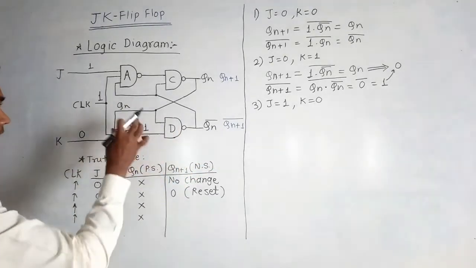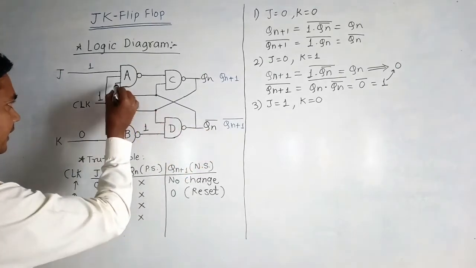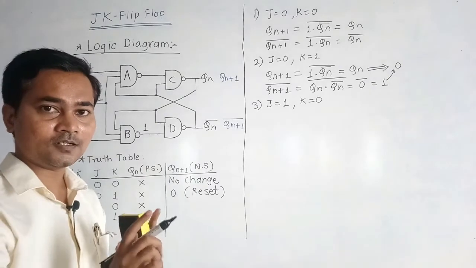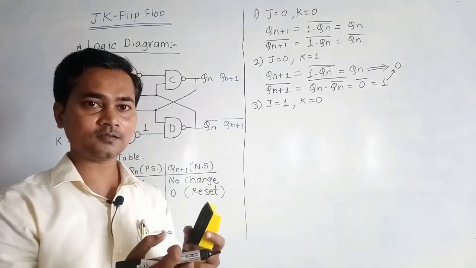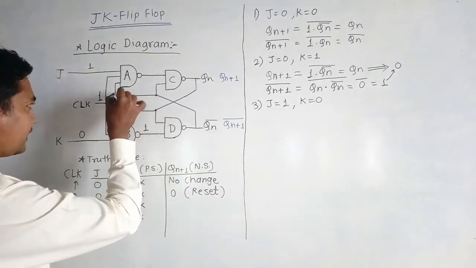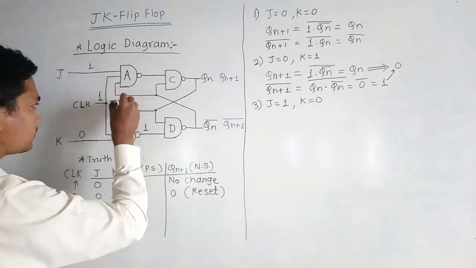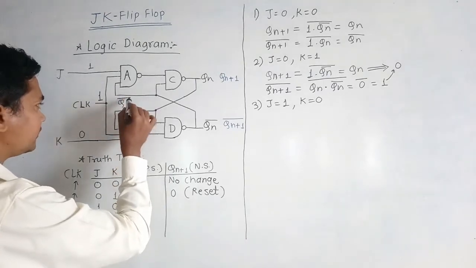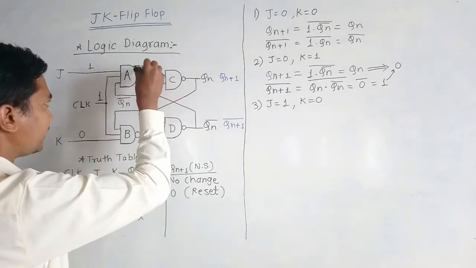As we have seen, whatever input is available at the third input, if all other inputs are 1 1, then the third input will appear complemented at the output. So if Qn bar is coming at the third input of A gate, I'll write here Qn bar, then this signal will be complemented at the output, so I will write here Qn.